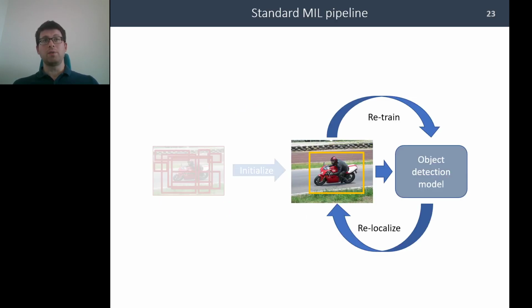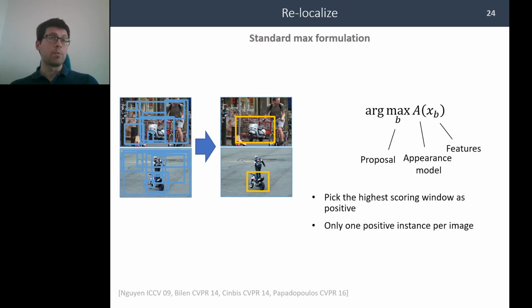Okay, so once we generate our boxes and initialize our positives, the next thing is to learn the object detection model via retraining and relocalizing. The standard way of doing this is, once we have a model, let's say our appearance model is A here, the proposal is depicted as B, and our image features are X_B.